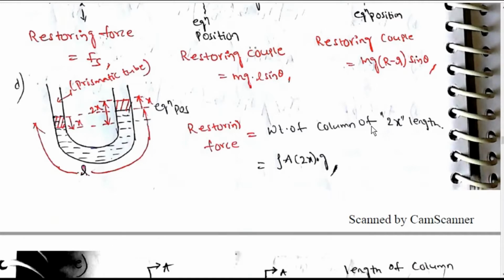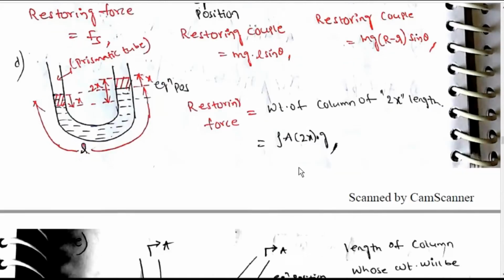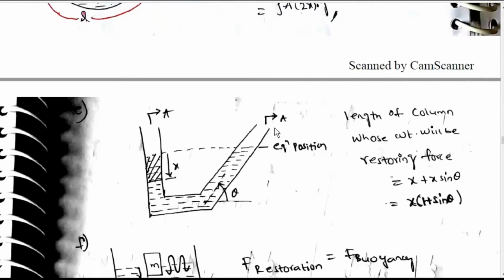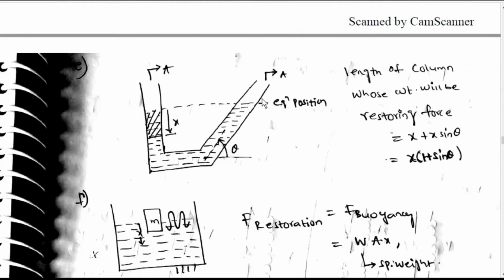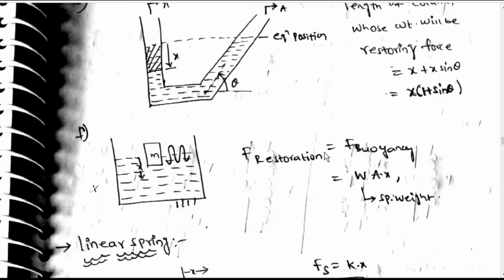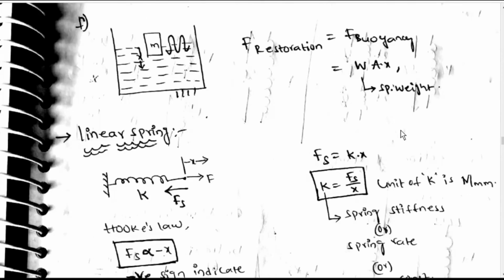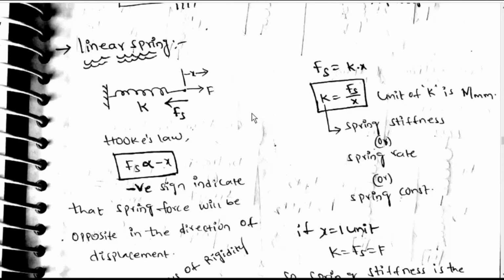If x is down and x is up, total 2x, rho a 2xg. Here x will be displaced, and the length of the column whose weight will be the restoring force is x plus x sin theta horizontally. F restoration is equal to F buoyancy, equal to W A x, where W is specific weight.